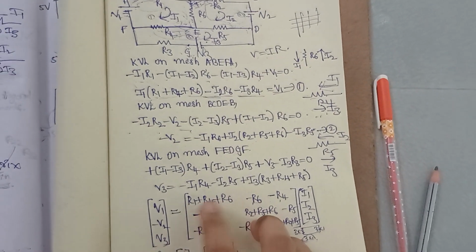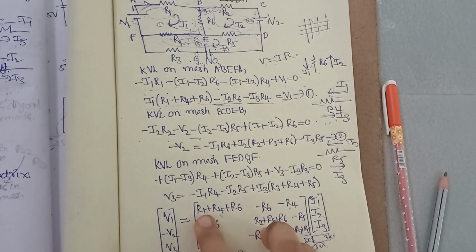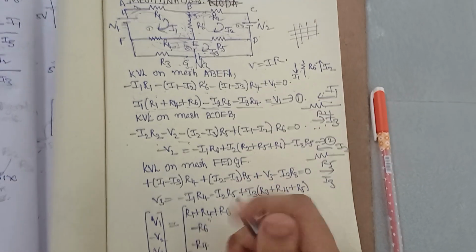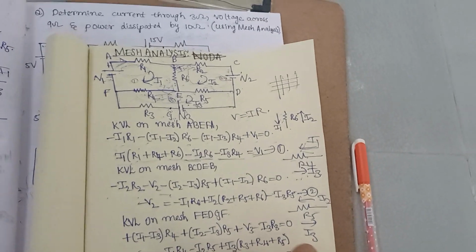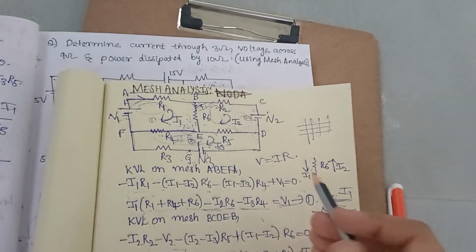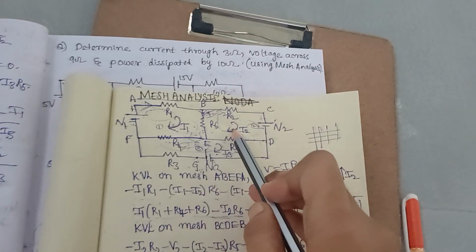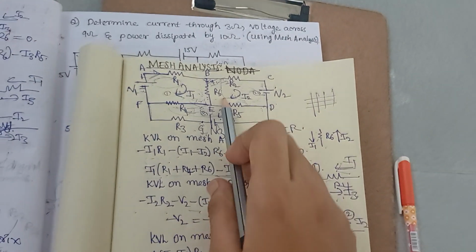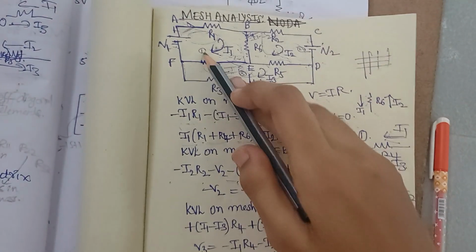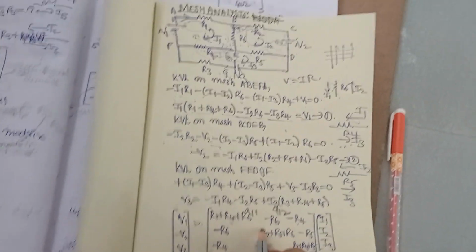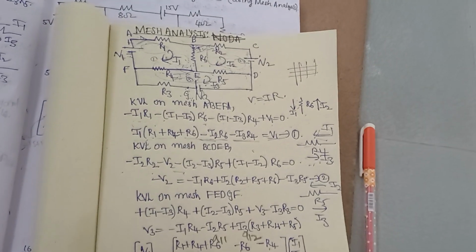So your A11 will be R1 plus R4 plus R6. Now this is your A12, that means the resistor which is common to meshes 1 and 2, which is nothing but your R6. It should be written with the opposite sign, that is minus R6.